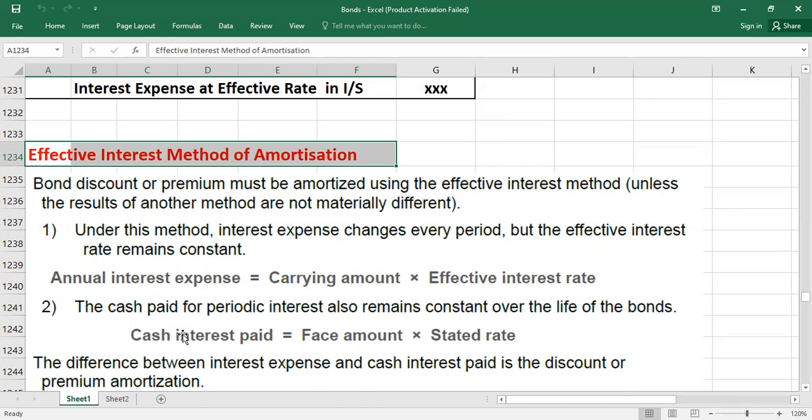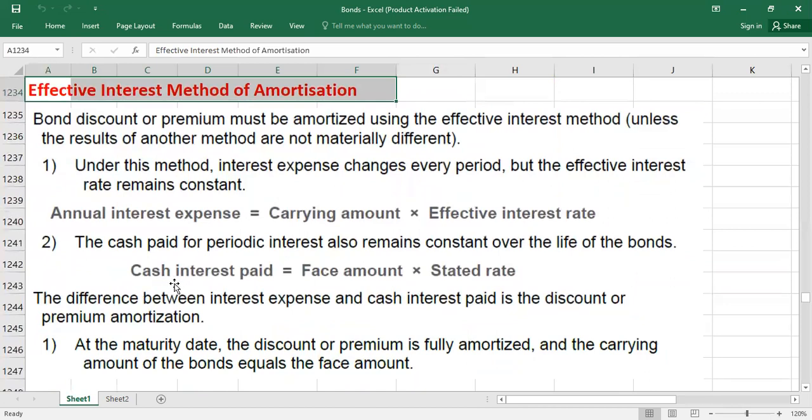Secondly, if you want to calculate the amount of interest paid, you always need the face amount multiplied by the stated rate, because interest is actually paid as per the stated rate. Let's have a look with the help of examples for better understanding.